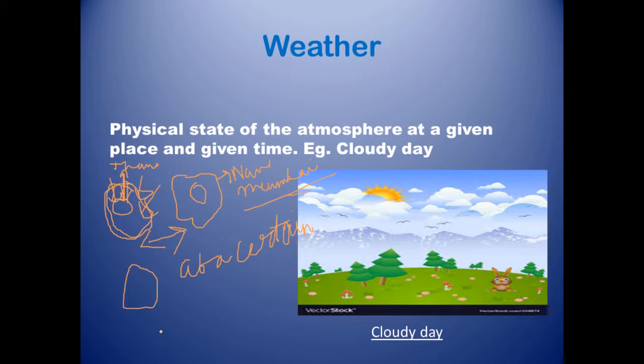I'm talking about that much time only, or 1 day, 2 days, 3 days, but not a month or a year or 10 years, 5 years. I'm talking about only 1 day or 2 days or just a part of a day. So at that small time, at a smaller place, the condition of the atmosphere is known as weather. Physical state of the atmosphere at a given place and given time.